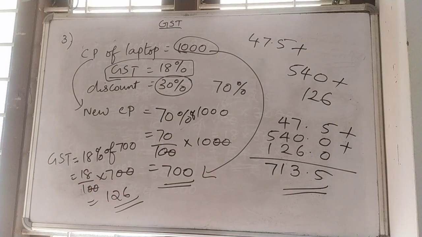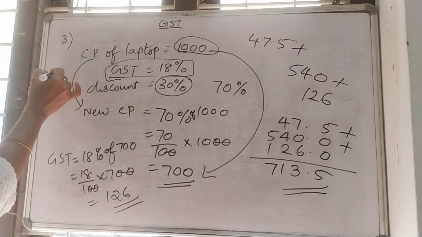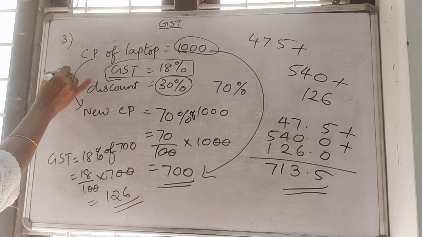The next part is the total bill amount including GST paid by Mr. Bedi. So total bill means GST will be included. So what is the cost price of the medicine? 950.